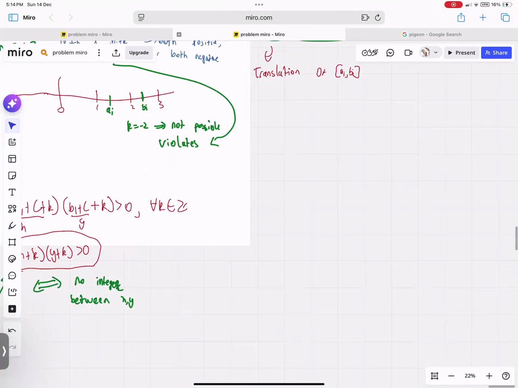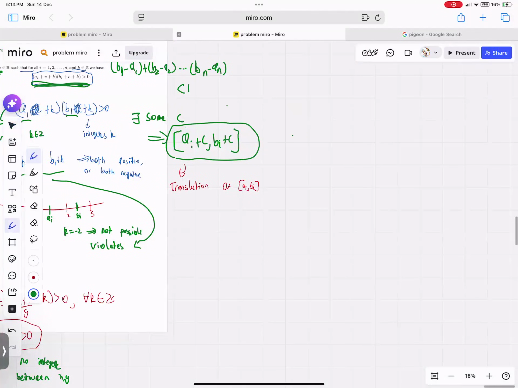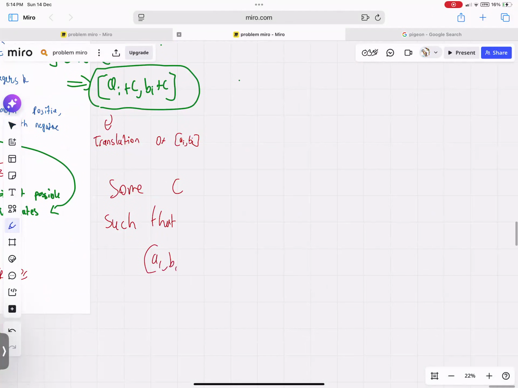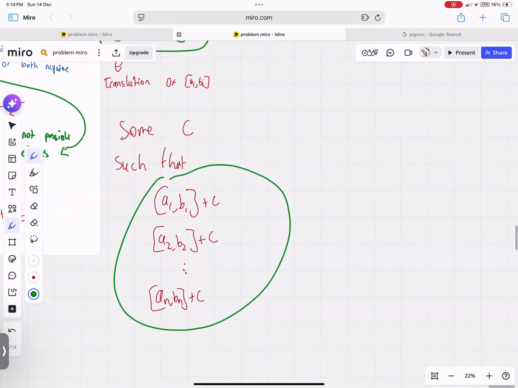Okay, so we want to show that there's some c such that a1, b1 plus c, and so on, have no integers in between.